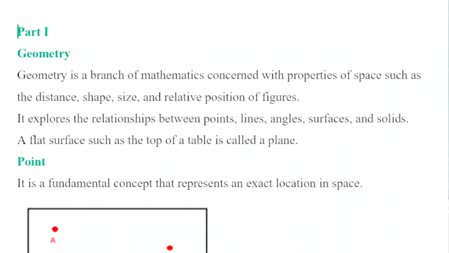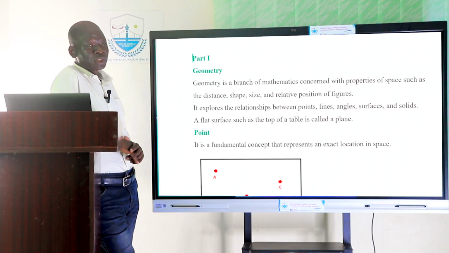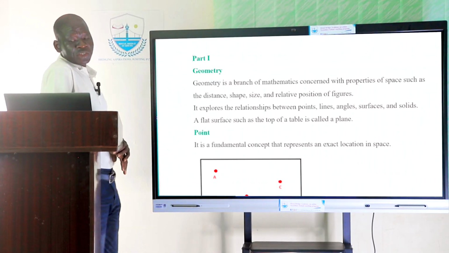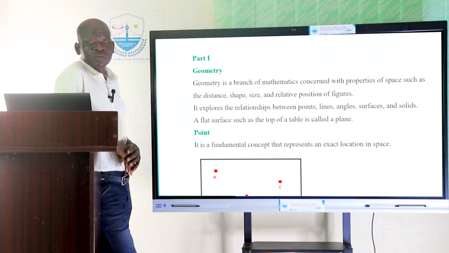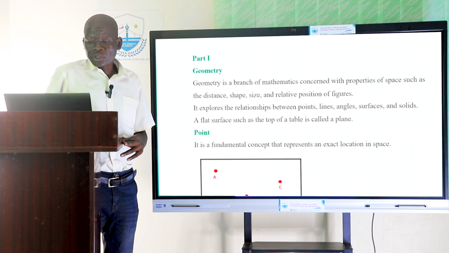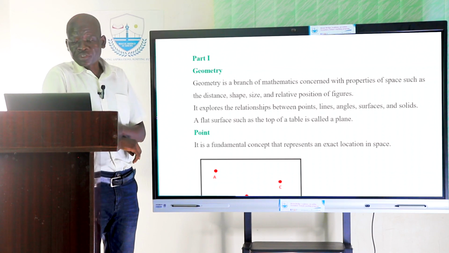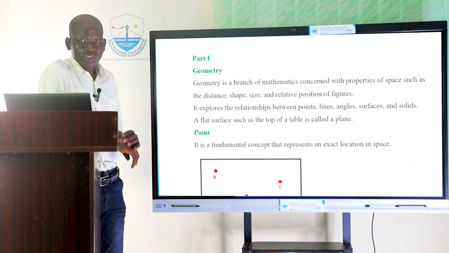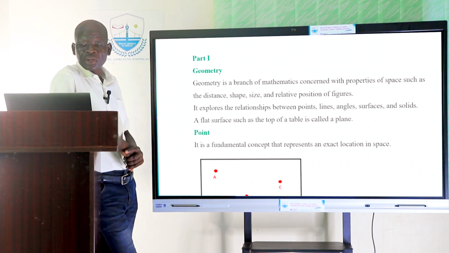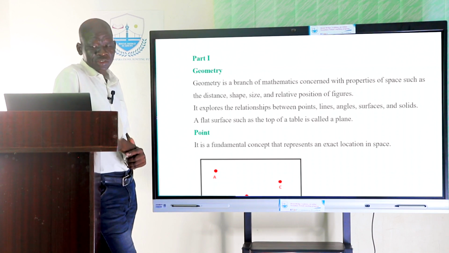Right now we are going to look at what we call geometry. Geometry is a branch of mathematics that is concerned with properties of space, such as the distance, shape, size, and the relative position of figures.